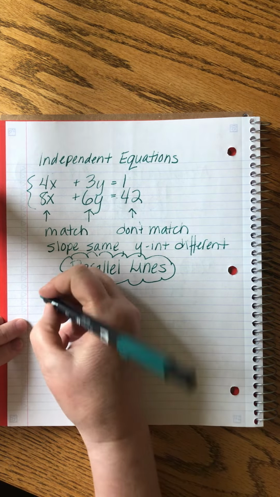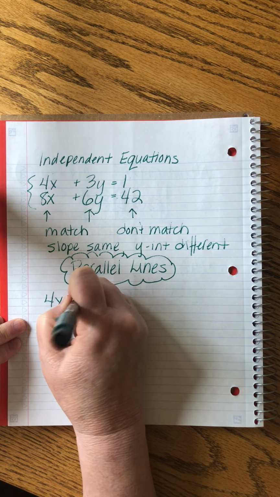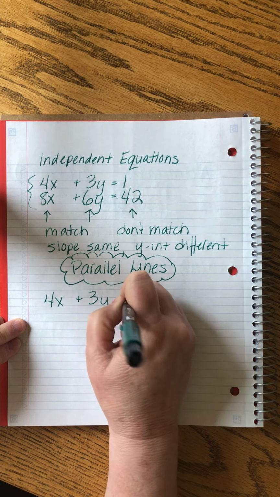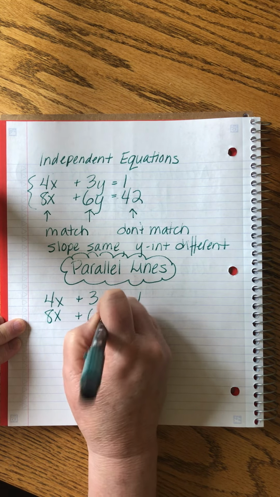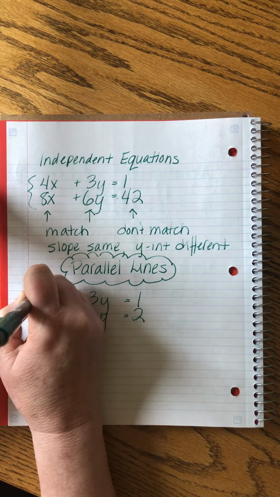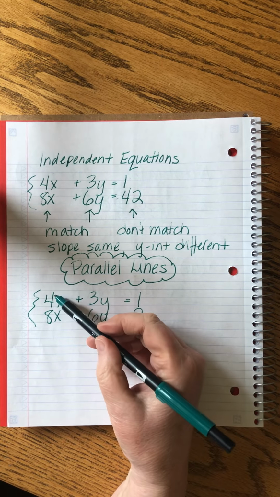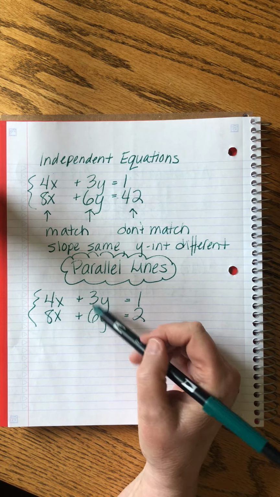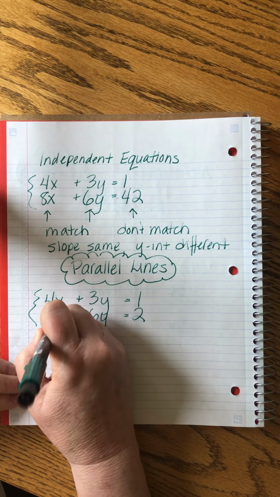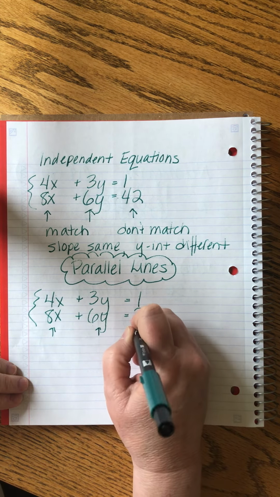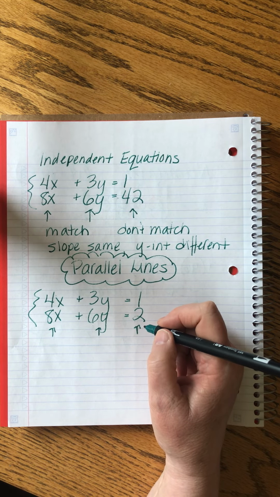What about the other situation? 4x plus 3y equals 1, 8x plus 6y equals 2. Let's look at this system. 4 times 2 is 8, 3 times 2 is 6, 1 times 2 is 2. Everything matches. Again, I don't mean they're exactly the same.